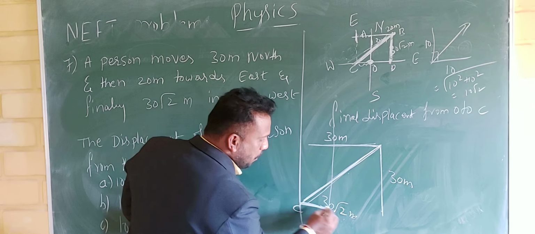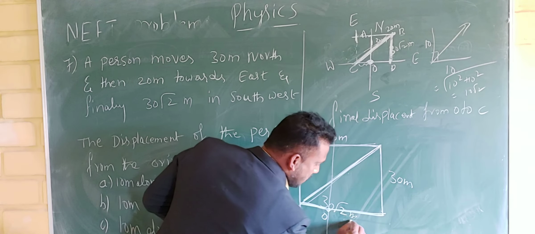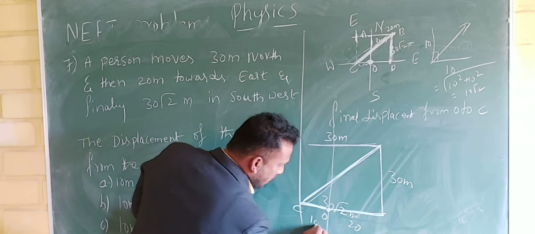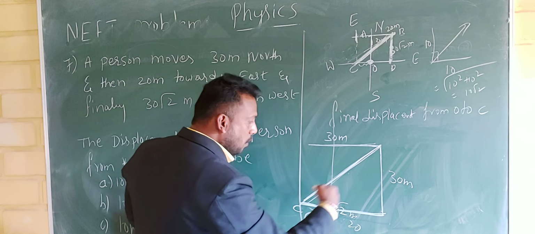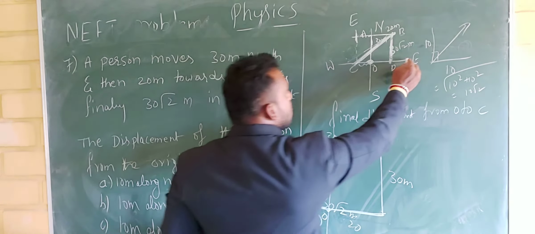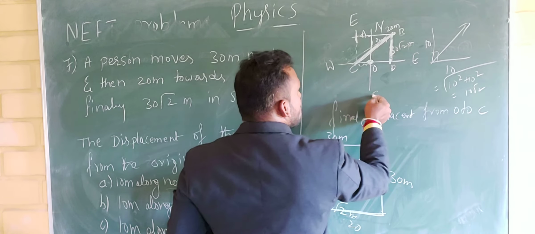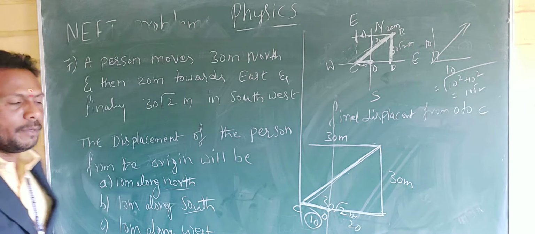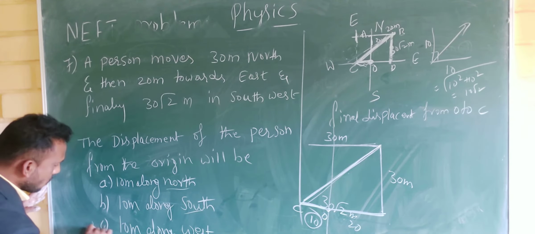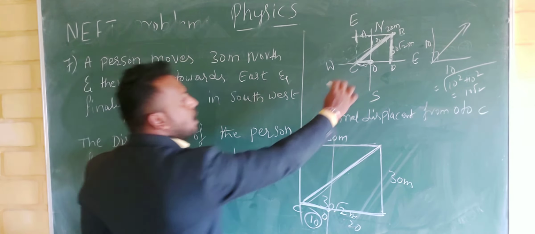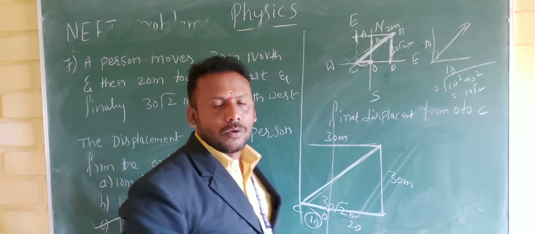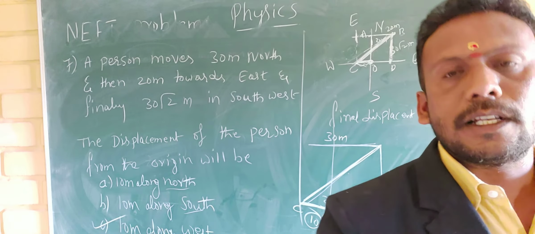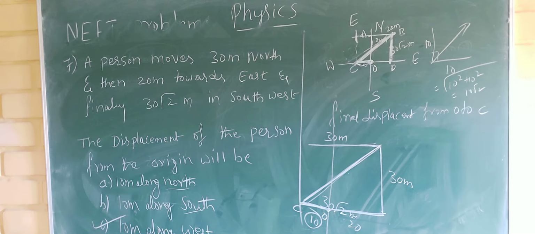From this point to this point, the distance is 20 minus 30, therefore 10 meter towards which direction? 10 meter towards west direction. The displacement is 10 meter towards west direction.